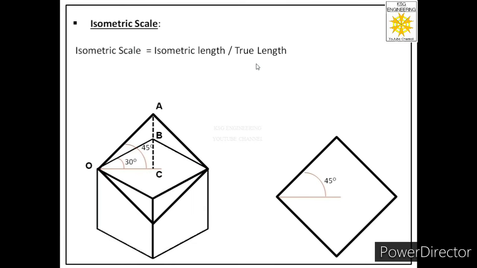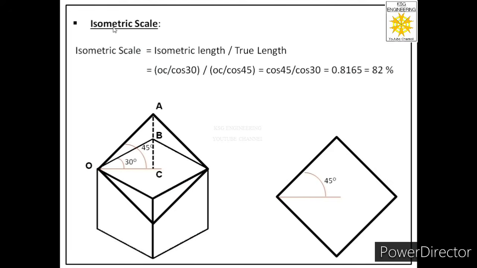So when we put these values over here, we will get OC divided by cos 30 divided by OC divided by cos 45. So this will be equal to cos 45 divided by cos 30, and from here we will get 82%. So we have learned that isometric lengths are 82% of the actual length or the true length.